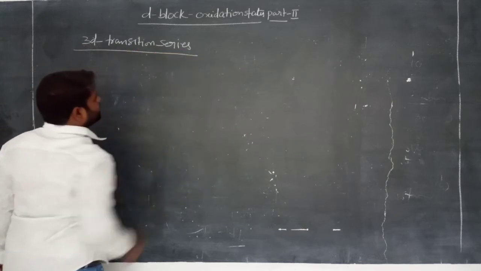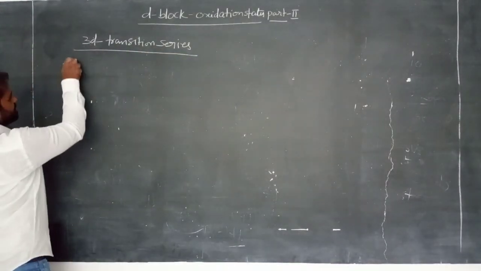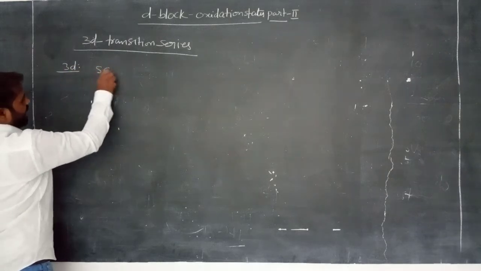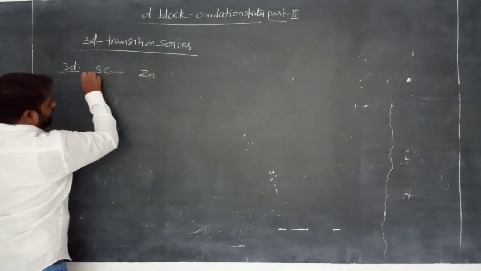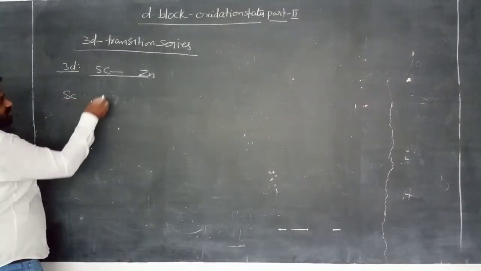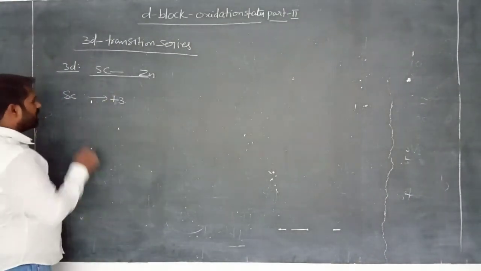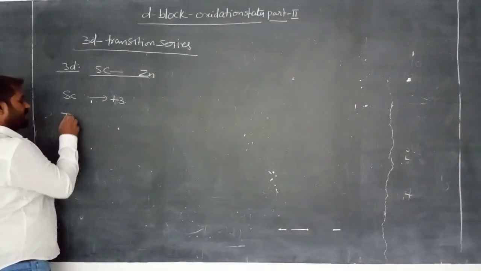The 3d transition series starts from scandium to zinc, am I right? Scandium, what is its stable oxidation state? +3 only. After scandium we have titanium.